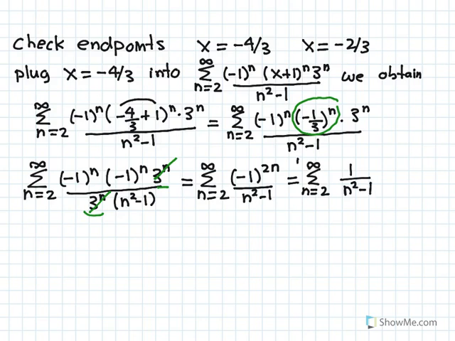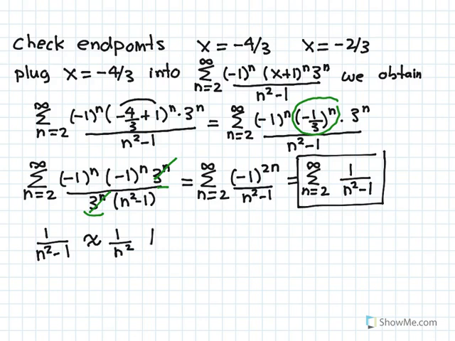Now we have to ask ourselves, does this series converge or diverge? If we look at the general term 1 over n squared minus 1, for large n this is approximately equal to 1 over n squared.